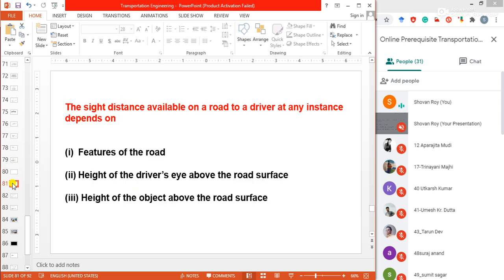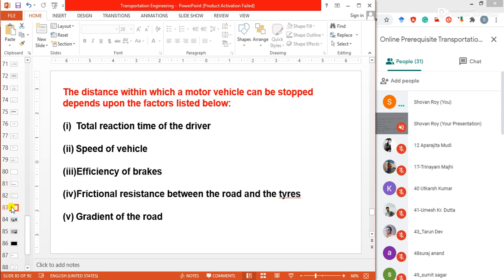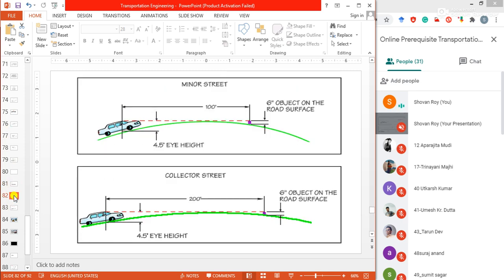The sight distance available on a road to a driver at an instance depends on, number one, features of the road ahead, second, height of the driver's eye above the road surface, third, height of the object above the road surface. Already we have seen some pictures of this type.